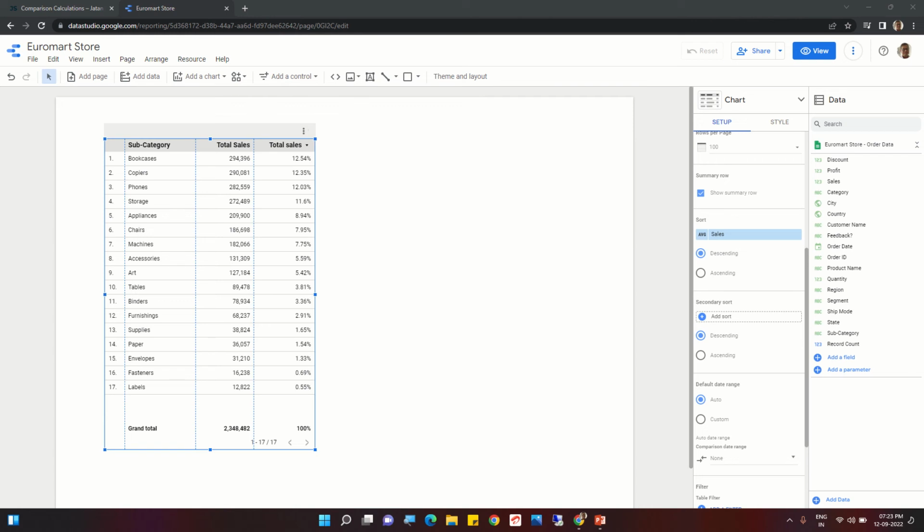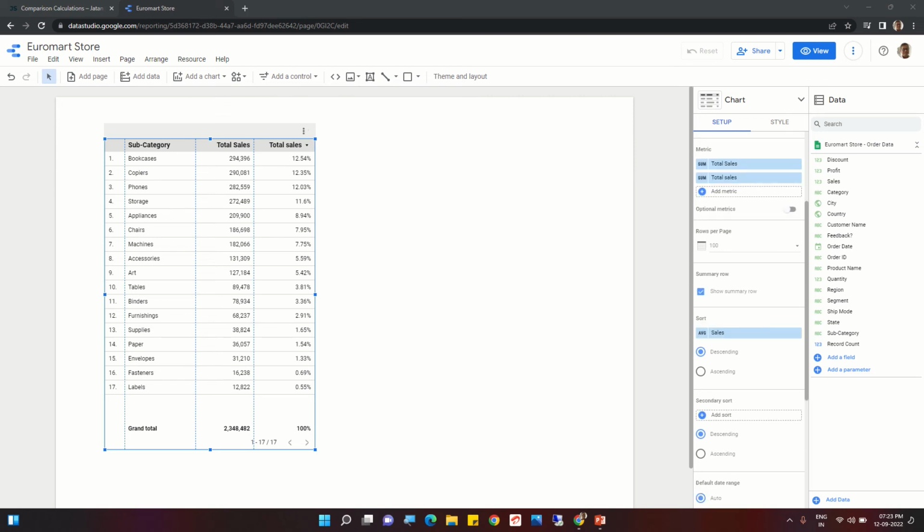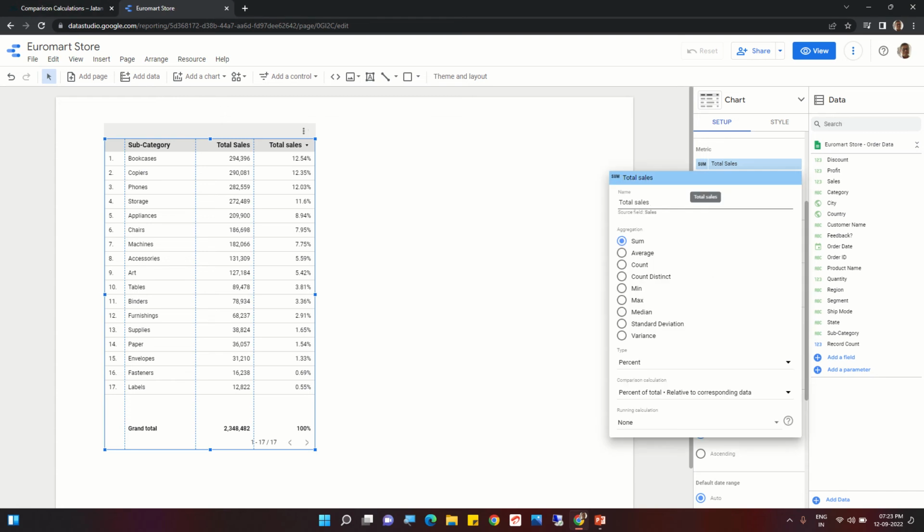In the comparison metrics, we have seen total sales relating to the corresponding data, where we have selected percentage. So this is the grand total sales. This is the sales against the bookcases, 294396.